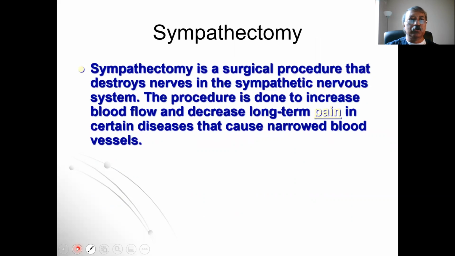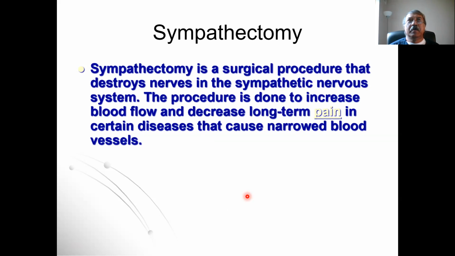Now we are going to look at some other types of surgery that neurosurgeons are involved with, called sympathectomy. Sympathectomy is done for long-term pain relief.